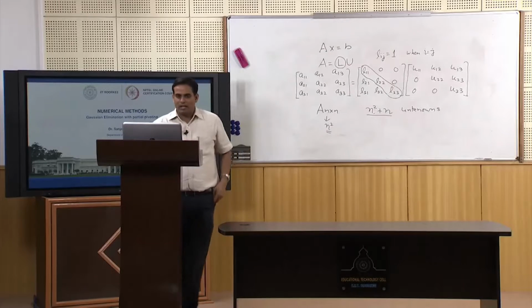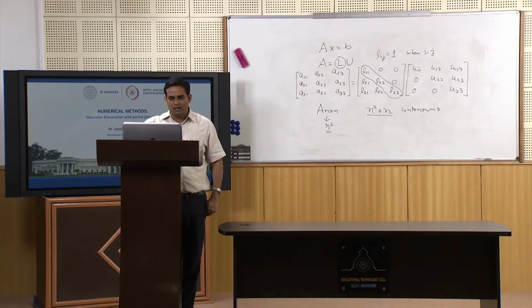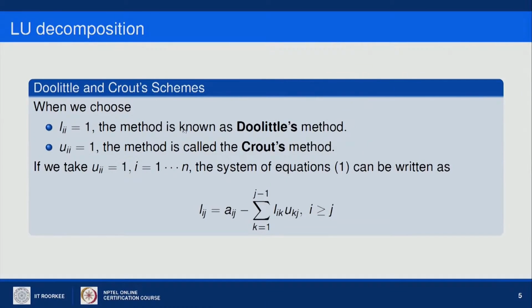If I take the diagonal entries of the lower triangular matrix as 1, the method is known as the Doolittle method. If I take the diagonal entries of the upper triangular matrix as 1, the method is called the Crout method.